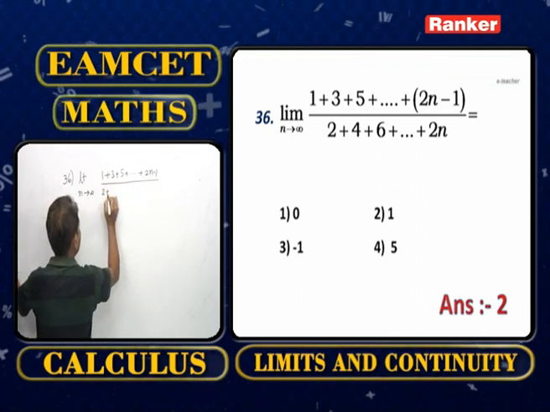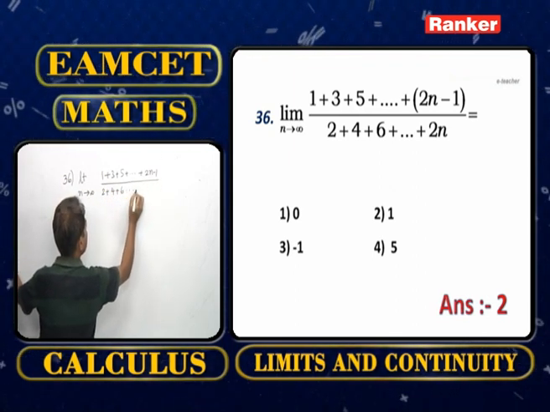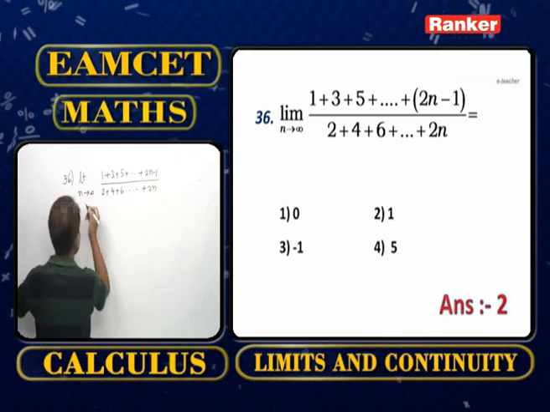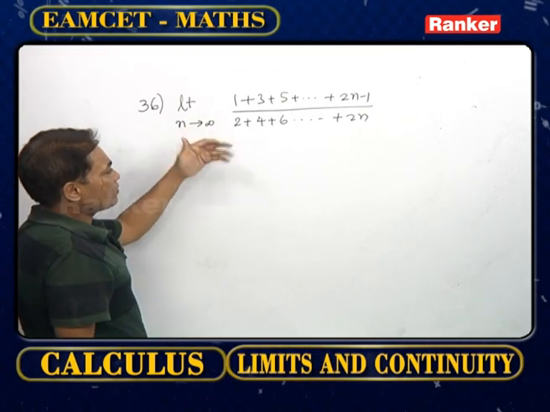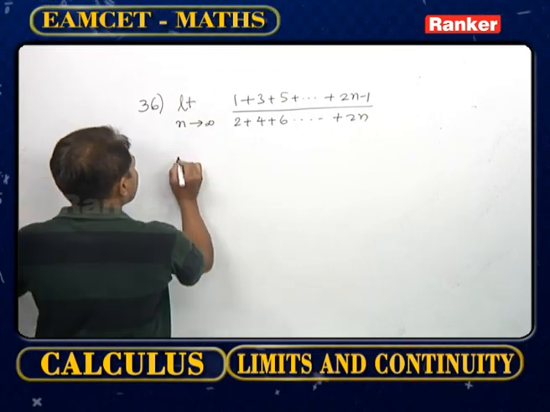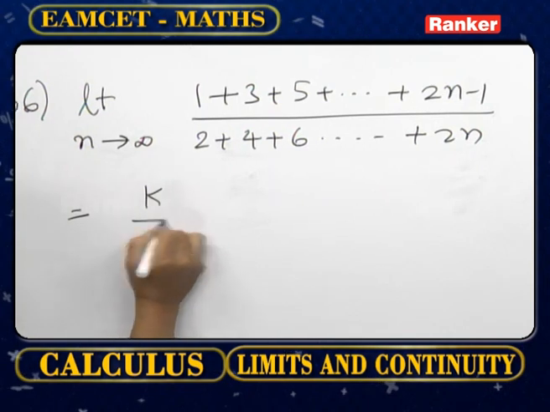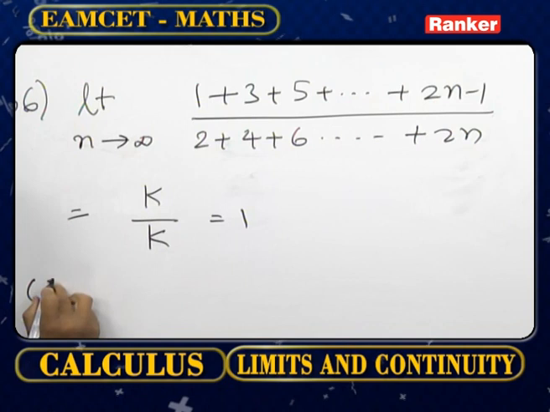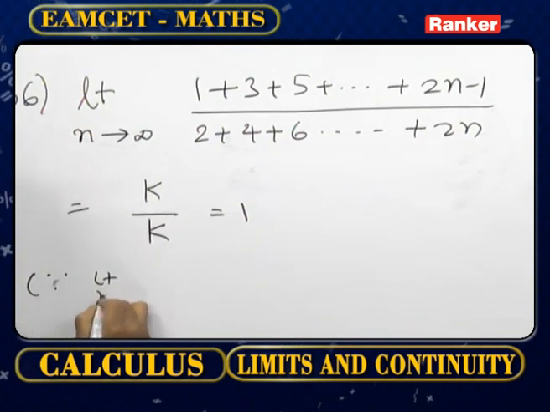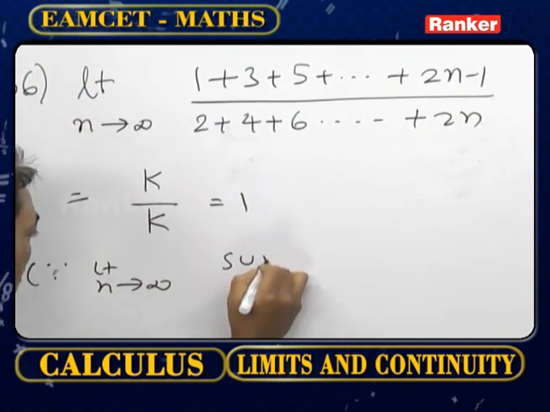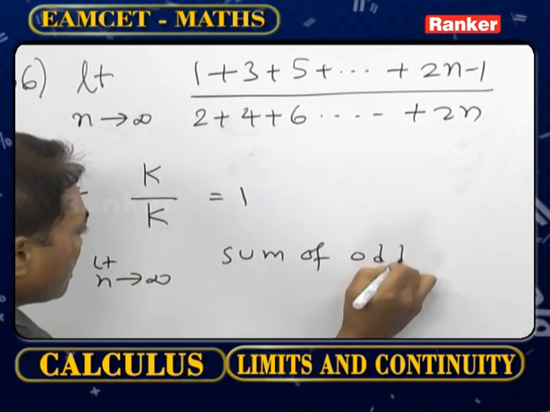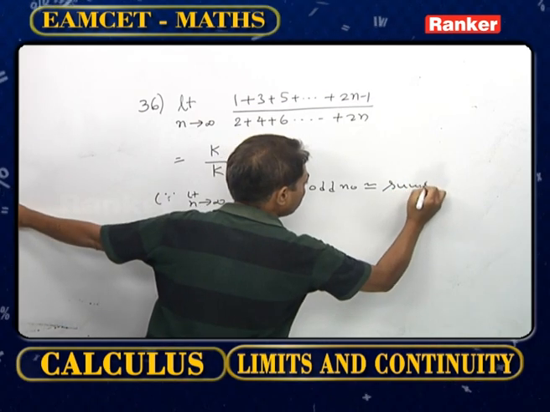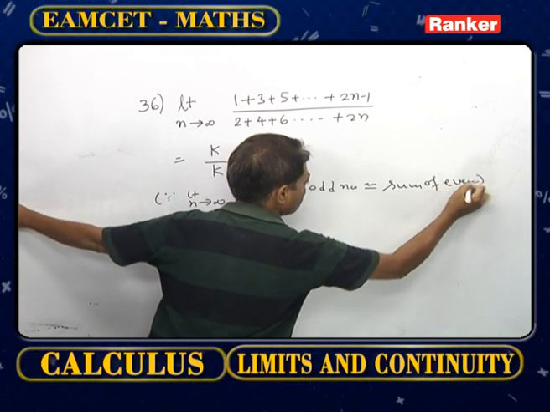It is very simple: when n tends to infinity, the sum of odd numbers and the sum of even numbers will be almost equal, so there makes no difference.